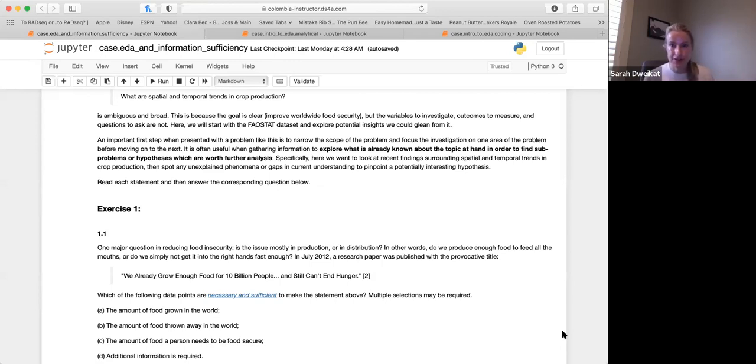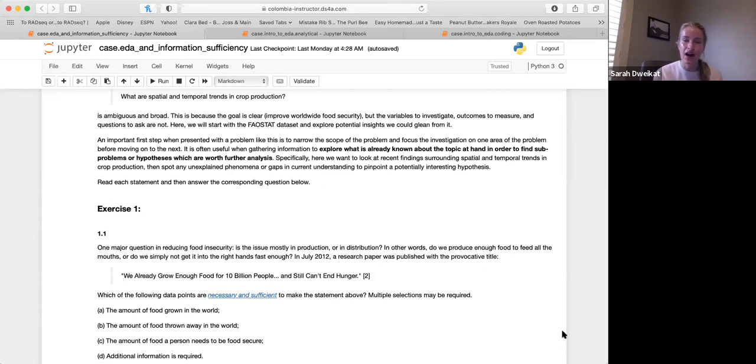But a sufficient statement says that if you have this thing or things, you will get this other thing. So oxygen is not sufficient for human life. Does that make sense to everyone? Oxygen is necessary, but not sufficient, because oxygen by itself does not automatically give you human life. Many more things are needed for human life than just oxygen.